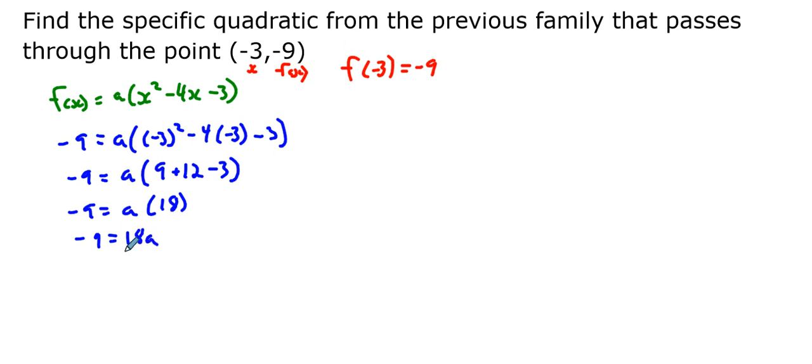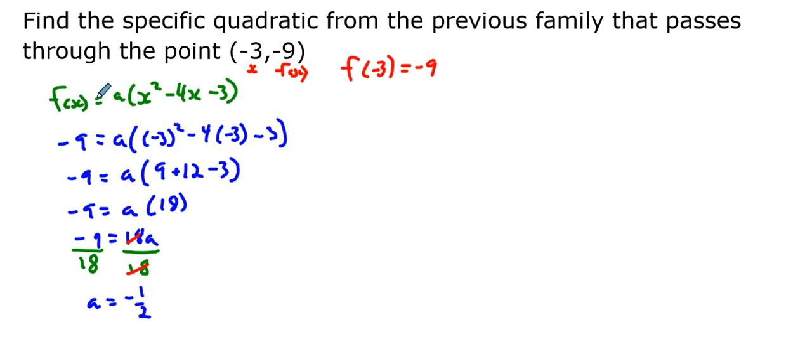Of course, we're trying to find this value of a that makes for the specific quadratic that passes through this point. So we'll divide both sides by 18, such that the 18s cancel, and this gives us that a is equal to negative 1/2.